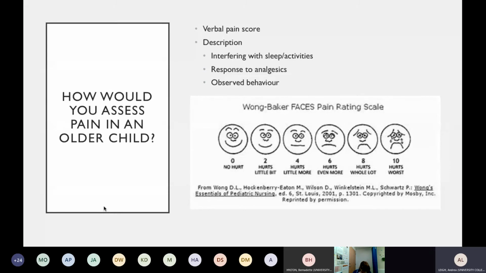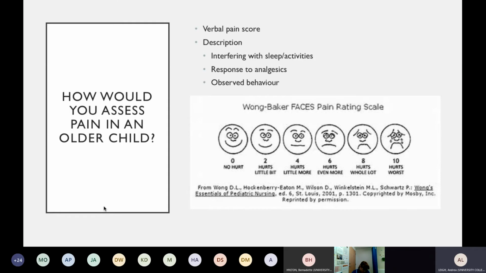Observed behaviour is really important. We all know that if somebody is completely rigid in bed in agony, and they've moved to a phase of the episode whereby they can walk around and take their PCA to the toilet, then that's a change in the behaviour that's likely to represent an improvement in the sickling.